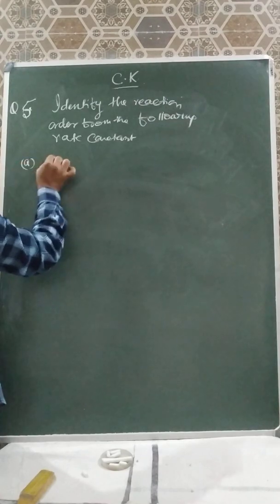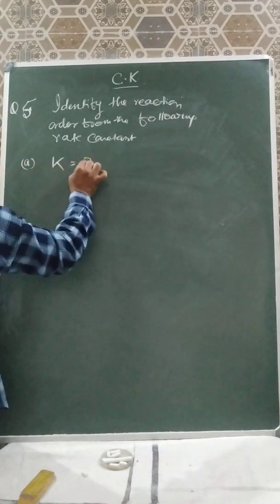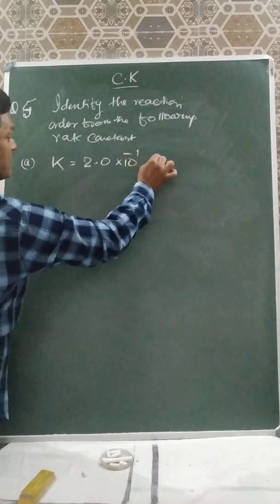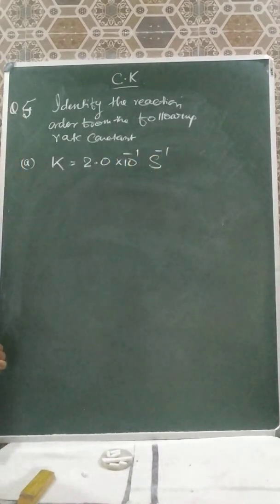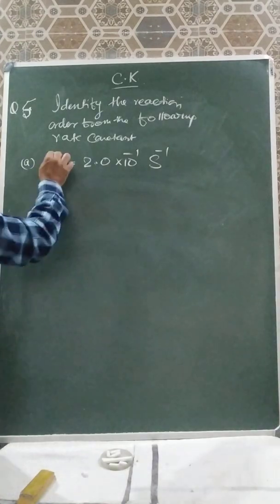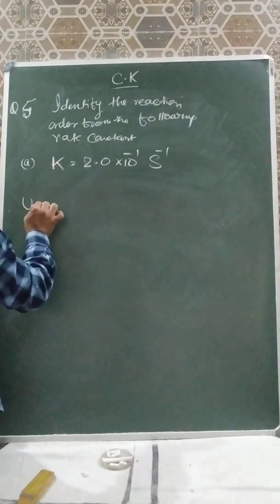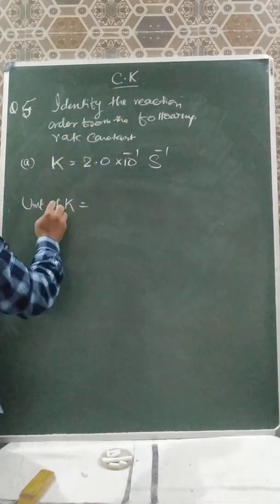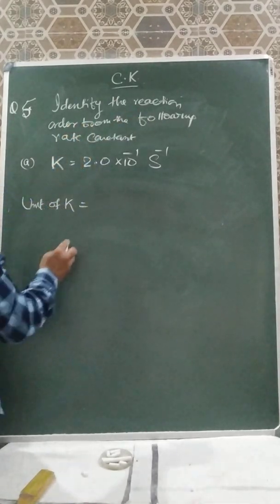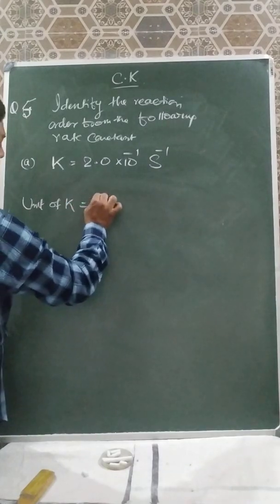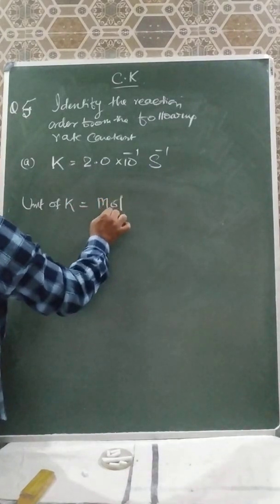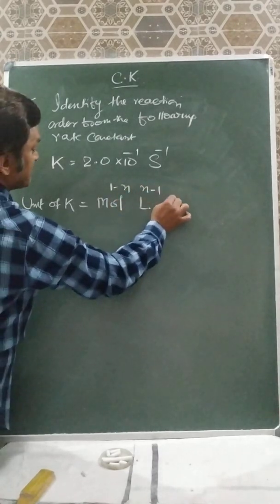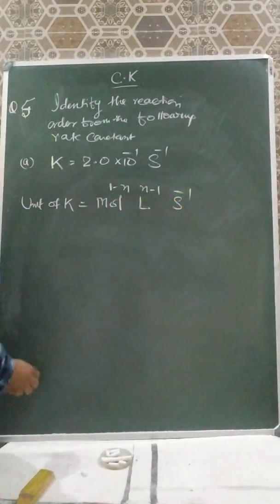Part A: k is equal to 2.0 into 10 to the power minus 1 per second. According to the unit of k, we identify the reaction order. Unit of k is mole to the power 1 minus n, liter to the power n minus 1, second inverse.